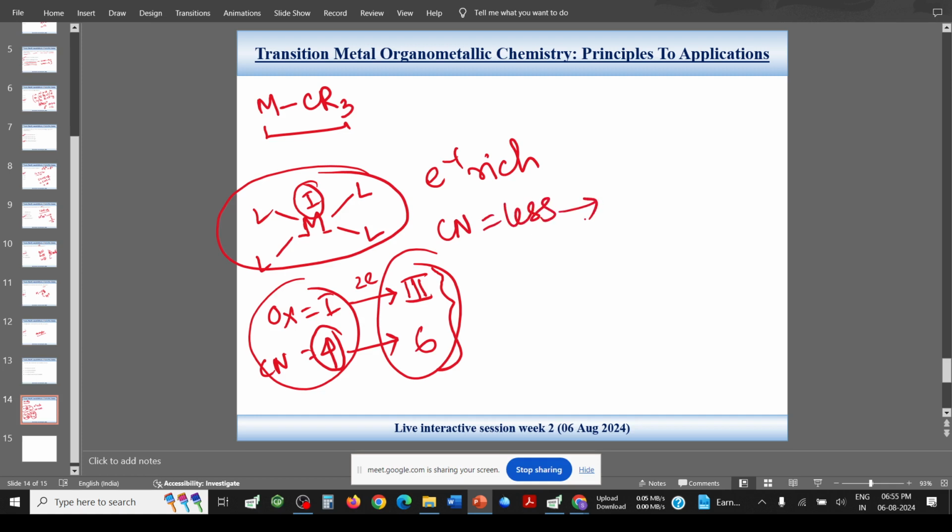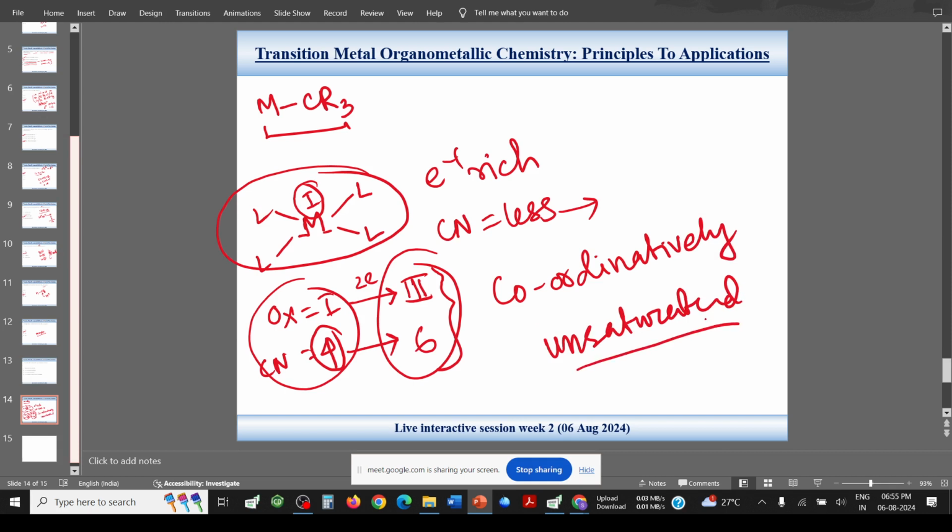So generally we say the metal is coordinatively unsaturated, because unsaturation means it is below its saturation. 6 is the highest and most stable normal coordination number for octahedral complexes.